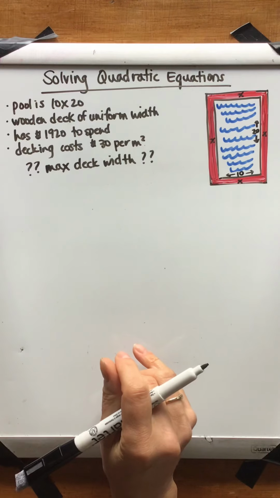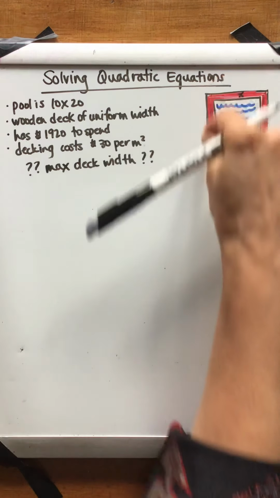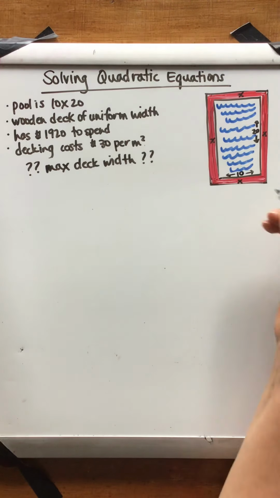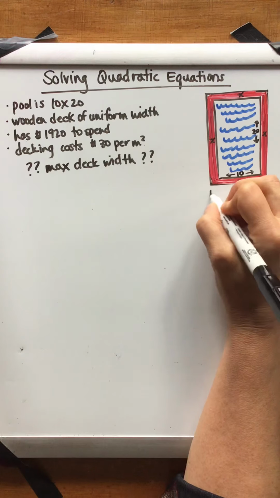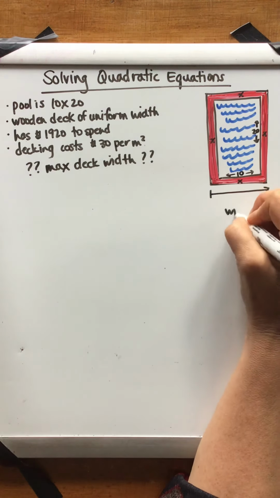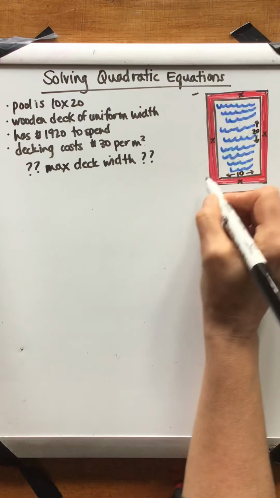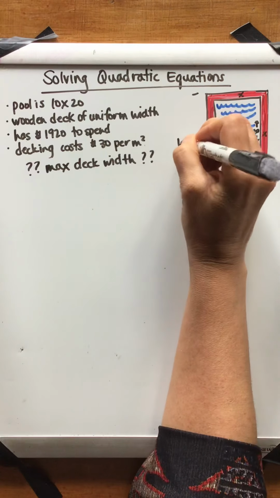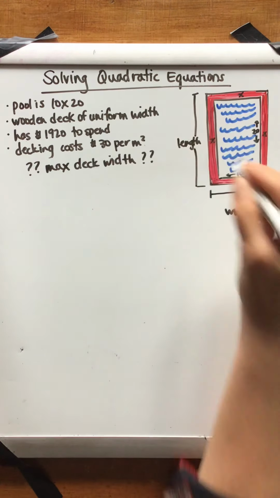Well, our first step is to figure out what is the area of the decking going to be. Okay, so we need to figure out what are the dimensions of this scenario. I'm going to call this width, and I'm going to call the long one length, if you're okay with that, just because we usually associate length with being the longer of the two dimensions.